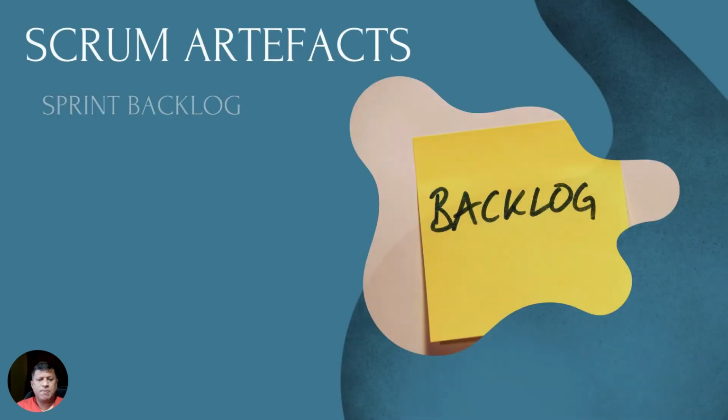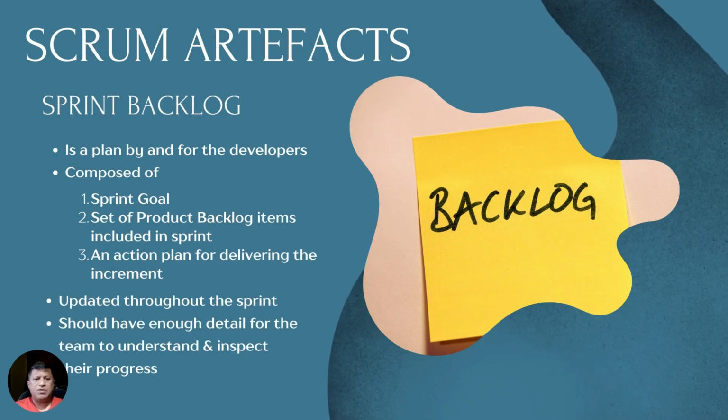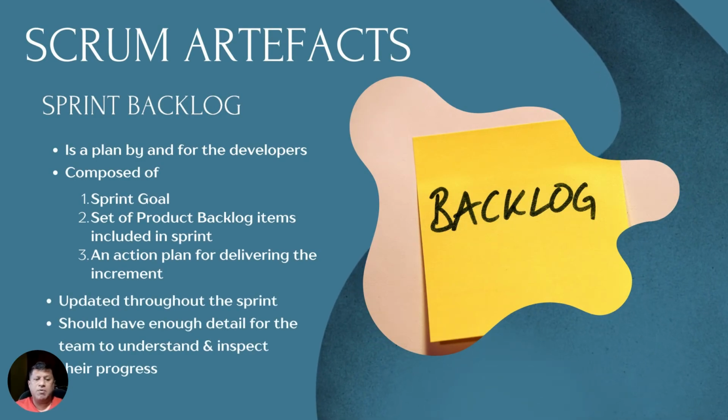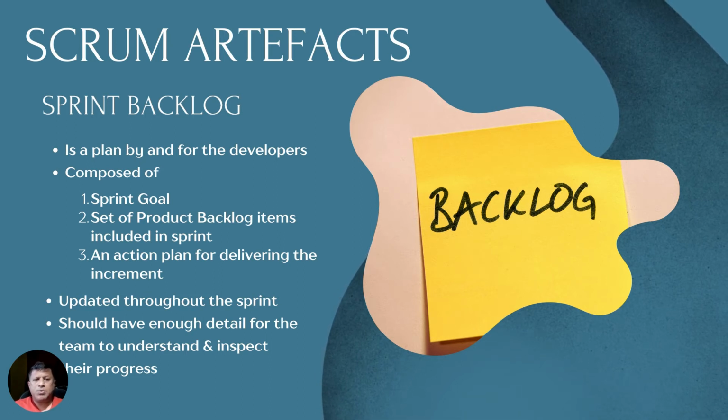Now moving on to the next artifact, that is the sprint backlog, and we talked about that a bit when we talked about sprint planning. What does the sprint backlog contain? Sprint backlog contains the sprint goal. What is it that we are looking to accomplish in this sprint, whatever duration they have planned for, right?